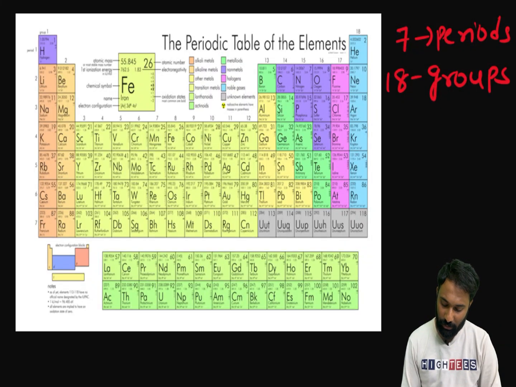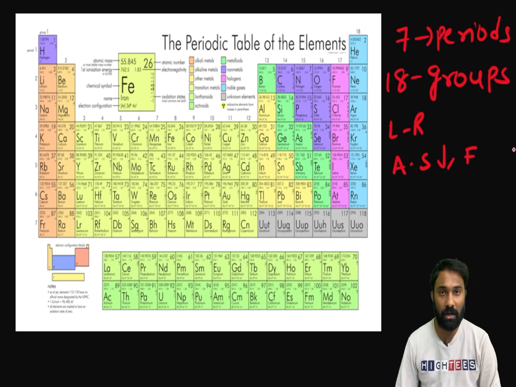So what is the difference between the 7 periods and the 18 groups? Here, if you move left to right, what will happen to the atomic size? Left to right in the periodic table, atomic size will decrease, only up to fluorine. Compared to fluorine, neon has some exceptional atomic size. I will explain very clearly when we start the classification of the periodic table.